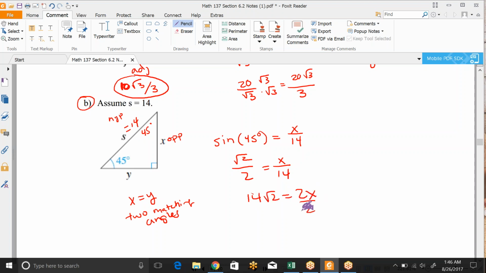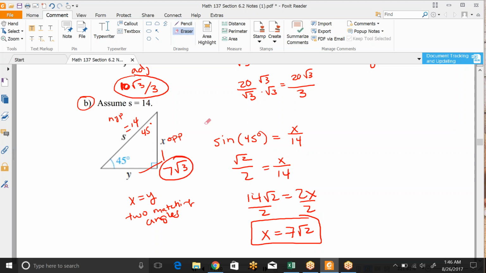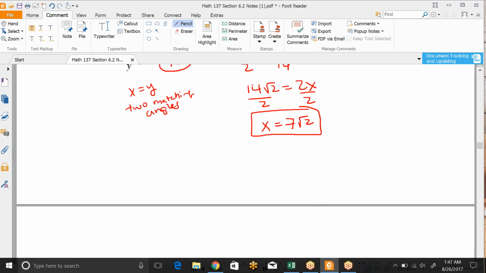Divide by 2, and we get that x equals 7 on the square root of 2. That's also our y, so both of these are 7 on the square root of 2. I wrote 3 somehow. There we go. No, it's a 2. Okay.